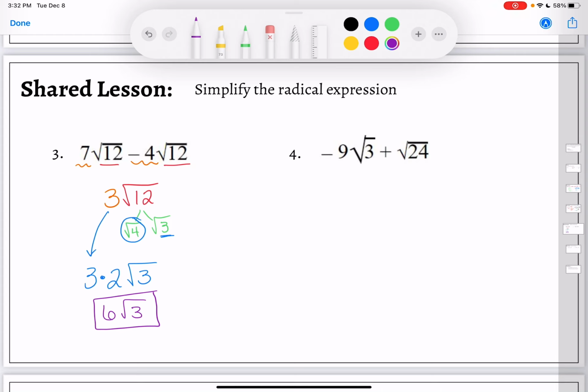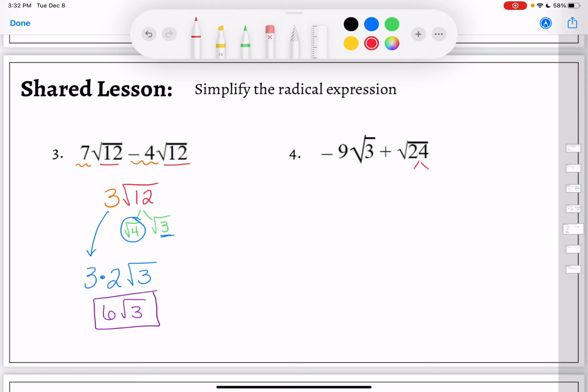All right, now let's look at number 4 here. Negative 9 radical 3 plus radical 24. Well, those are not like radicals, right? So I can't combine them. But I can break down the square root of 24. Maybe if I break down the square root of 24, I'll get a like radical. Let's find out.